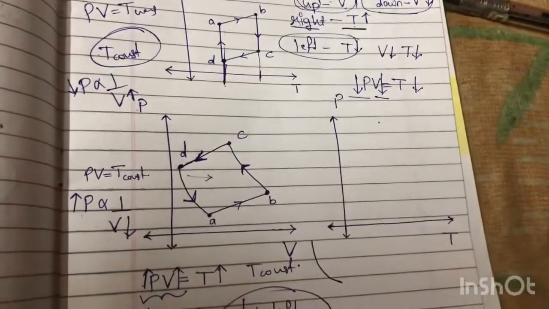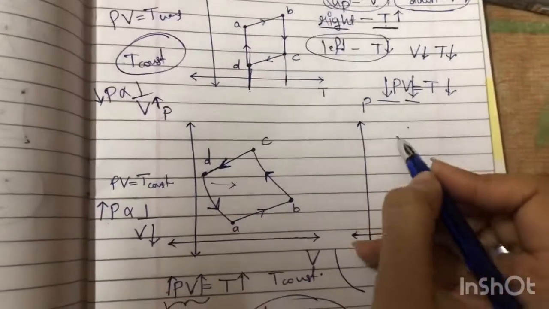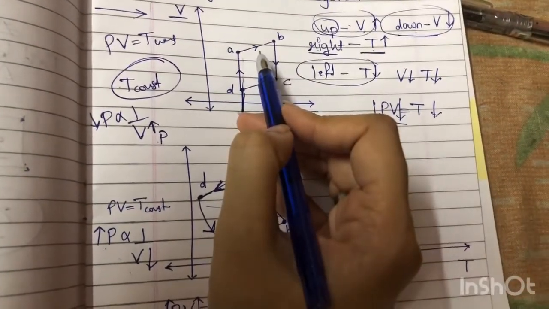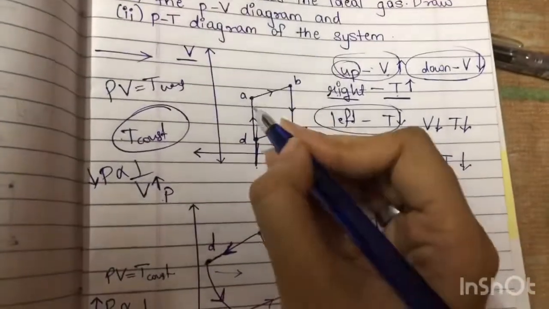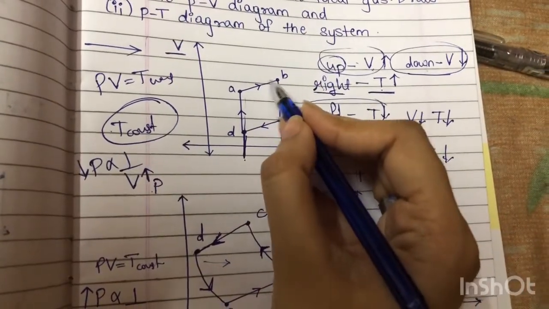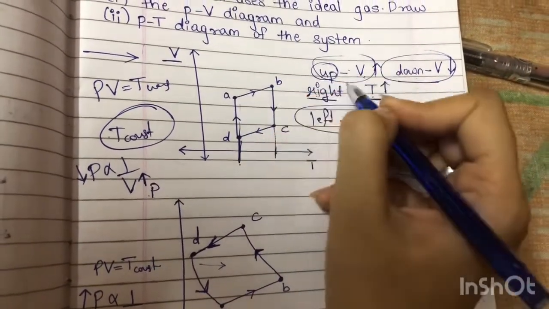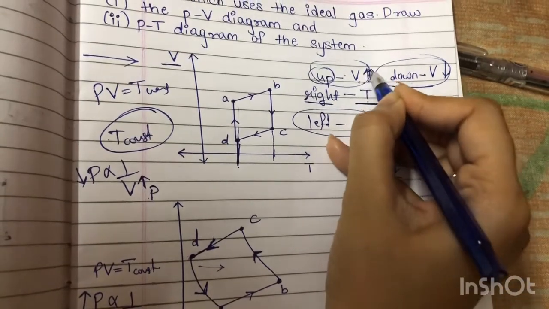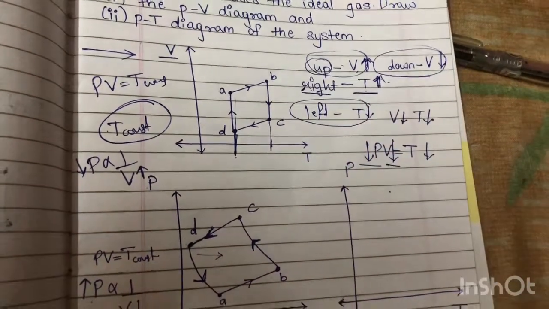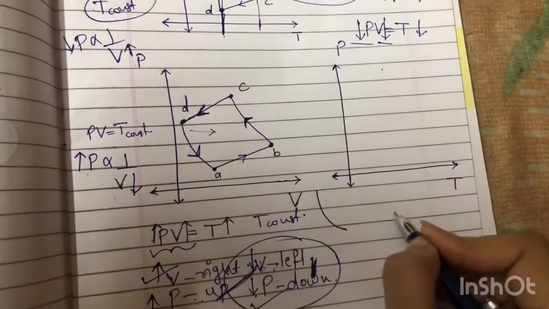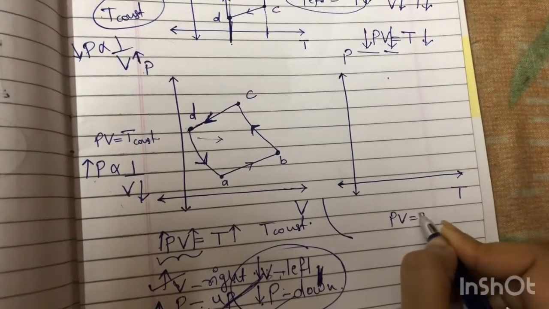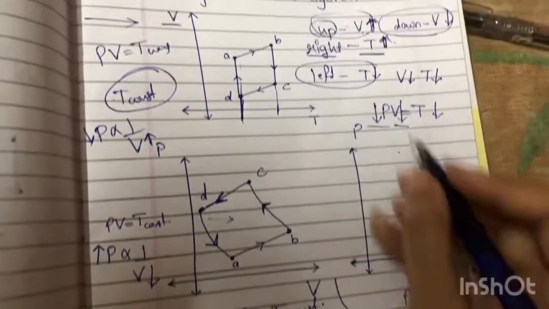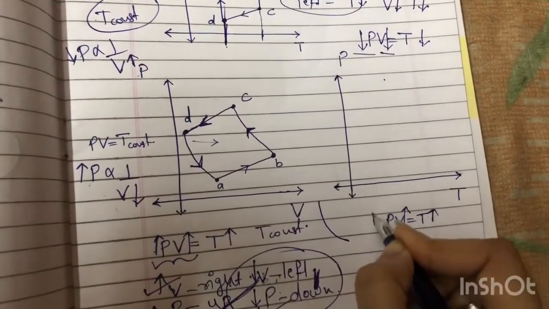Now coming to the pressure temperature diagram. Again we will read this graph as we have read it. From A to B, up and towards the right-hand side, means increase in volume and increase in temperature. PV is equal to T. Increase in volume and increase in temperature, so pressure will also increase.